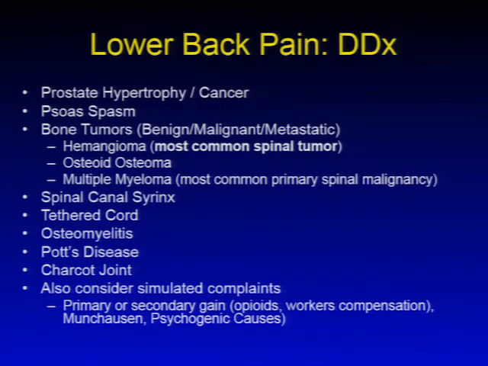Other differential diagnoses of back pain can include prostate hypertrophy, cancer, psoas spasm, bone tumors, central canal syrinx, tethered cord, osteomyelitis, Pott's disease, Charcot joint, and also consider simulated complaints such as primary or secondary gain, which may be seen with patients on opioids chronically, Munchausen's, psychogenic causes, or workman's compensation.